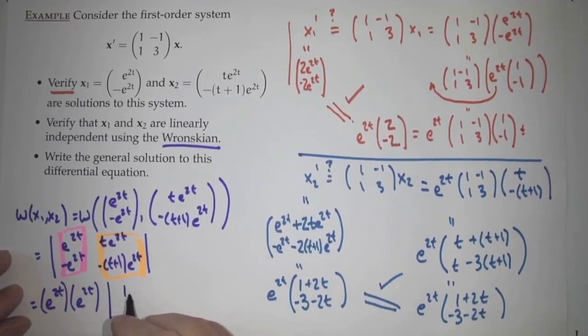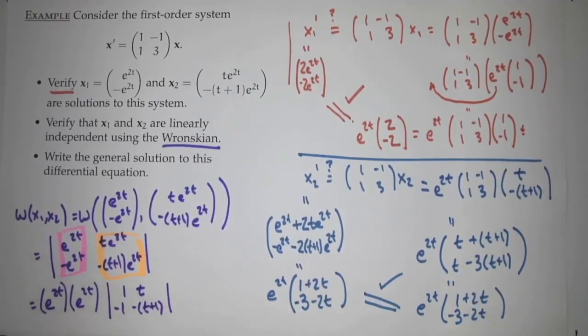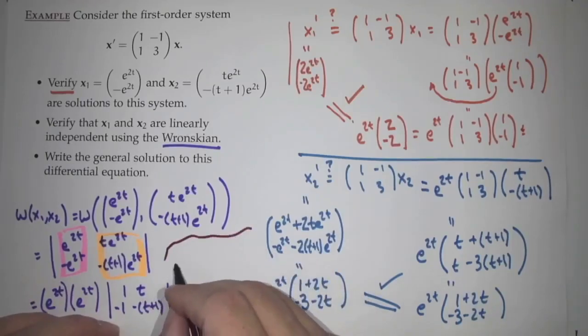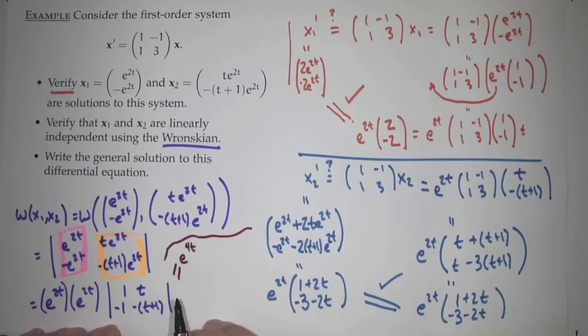So what's left is a little bit easier matrix to deal with. If we were inclined, we could even pull out a negative from the downstairs, but we don't have to. All right, let's see if we can squeeze in the answer in this little bit of space here. This is equal to e to the 2t times e to the 2t, which is e to the 4t.